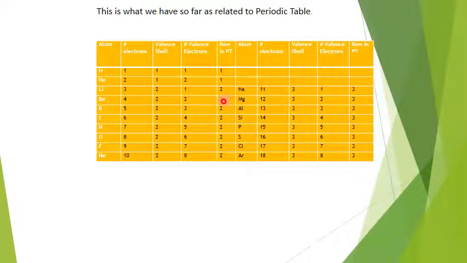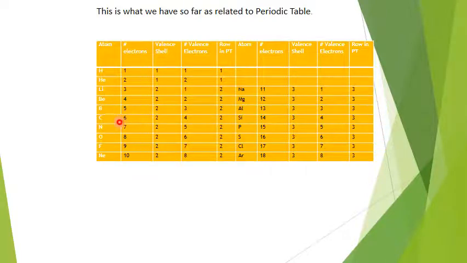So if we go all the way across, what we'll see is that all these elements, carbon, nitrogen, oxygen, are paired up with other atoms that have the exact same number of valence electrons. So silicon has 4 valence electrons, and so does carbon.